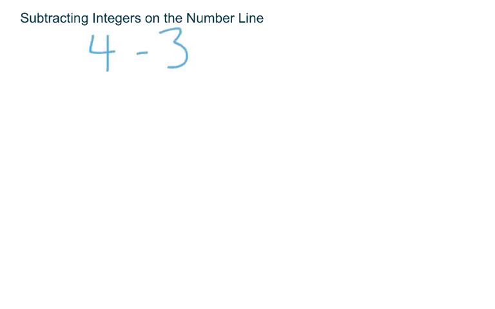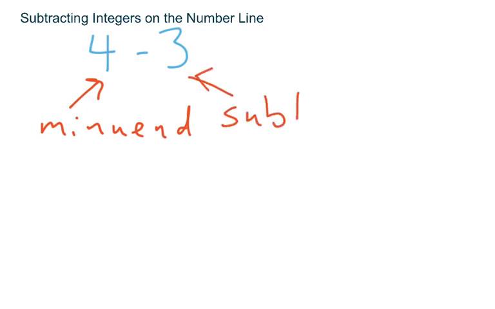4 minus 3. When you're subtracting numbers, the two numbers that you're subtracting have names, which are probably nice to know at some point. The number you are subtracting from is called the minuend. The number you're subtracting is called the subtrahend.